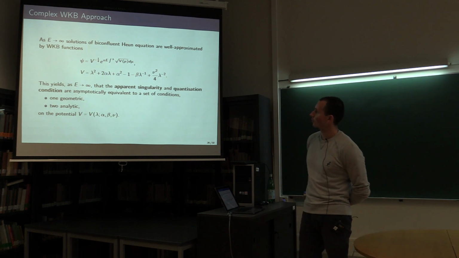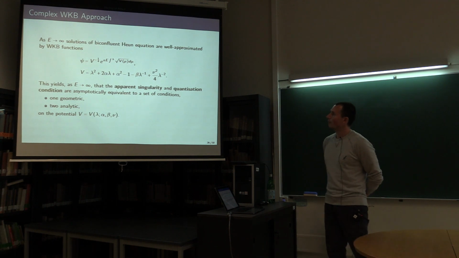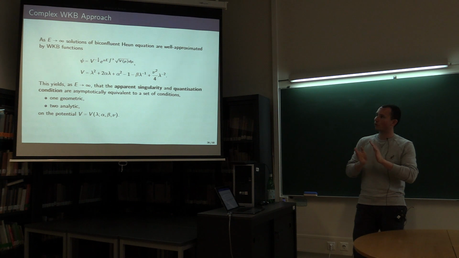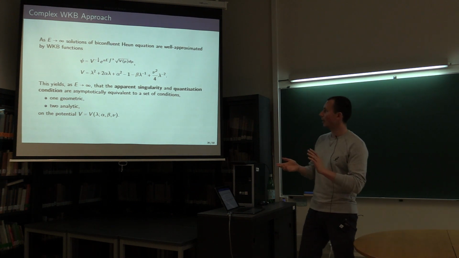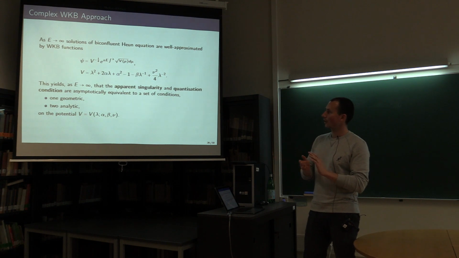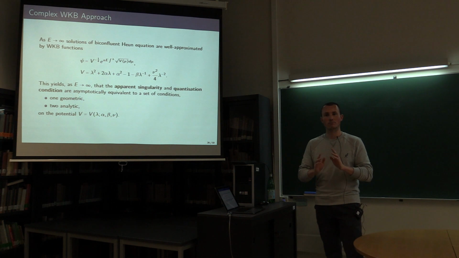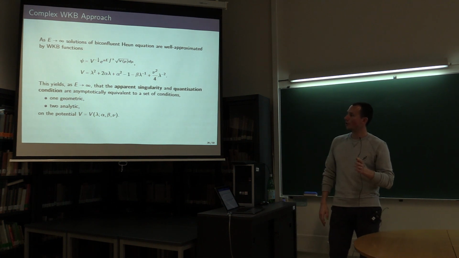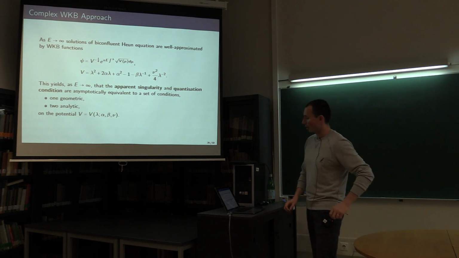So we have an integral of the square root of this potential v. And using the fact that we can approximate solutions with these WKB functions, we can translate this apparent singularity and quantization condition into a set of conditions just on this potential, which does not depend on E. So we get one geometric condition and two analytic conditions, which I'll introduce.